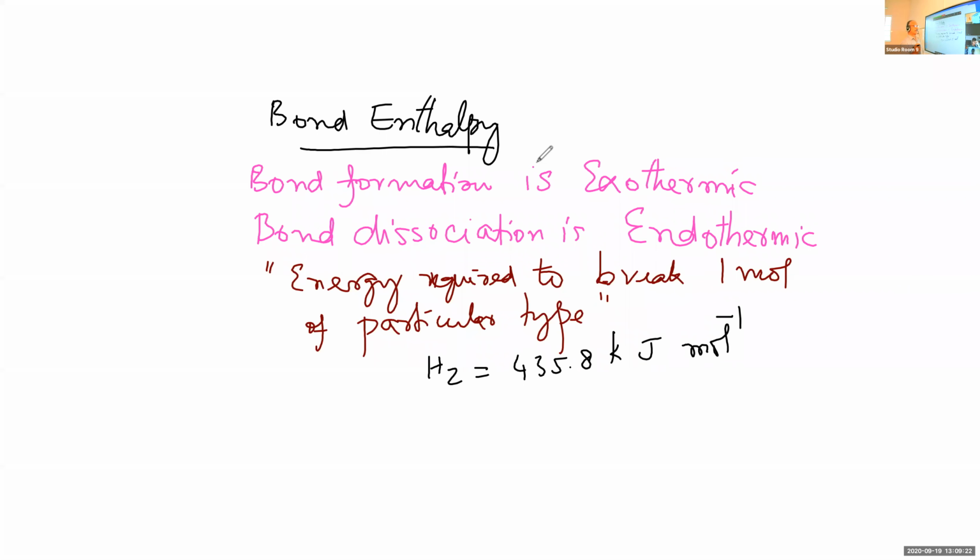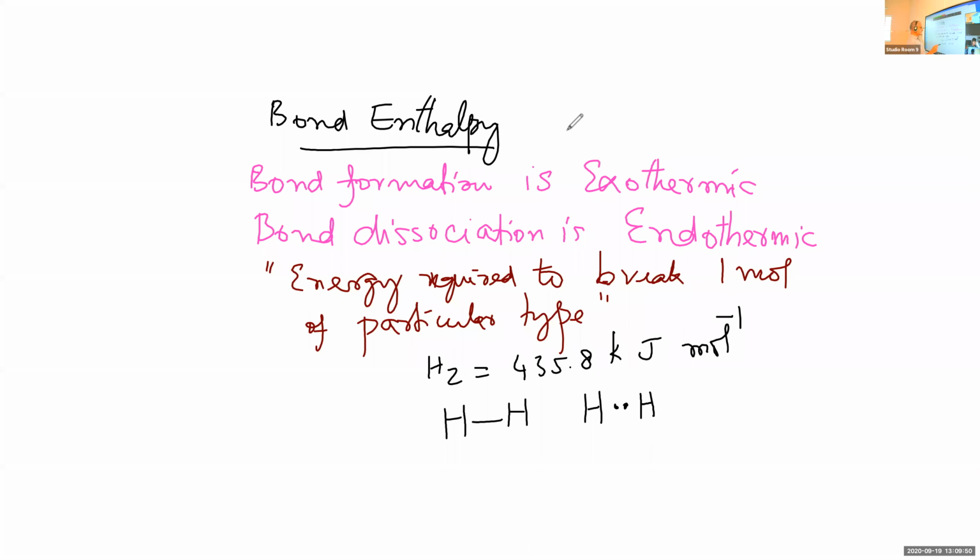What is the meaning of this? You take the structure of a hydrogen molecule. In the hydrogen molecule, there is a single covalent bond between the hydrogen atoms that you have seen. Hydrogen atom 1, then hydrogen atom 2. An electron pair is shared between the 2 hydrogen atoms.